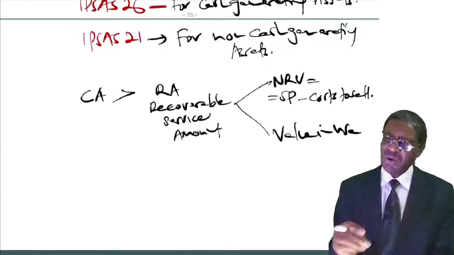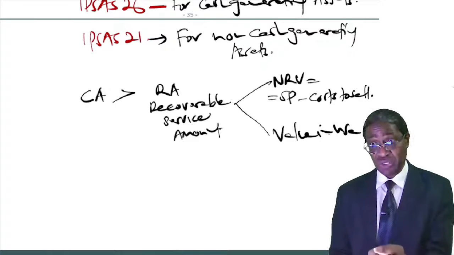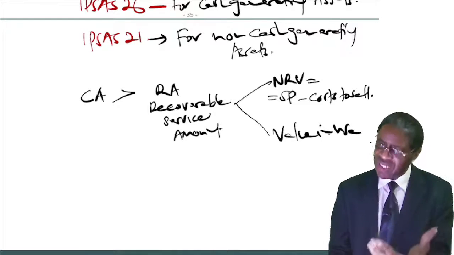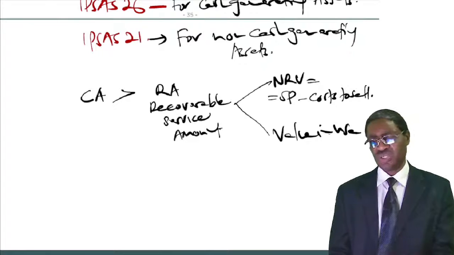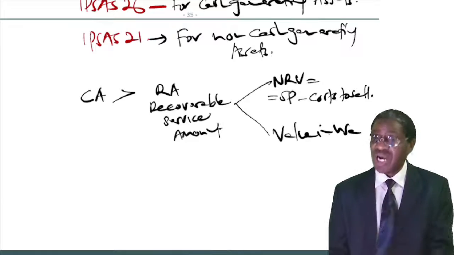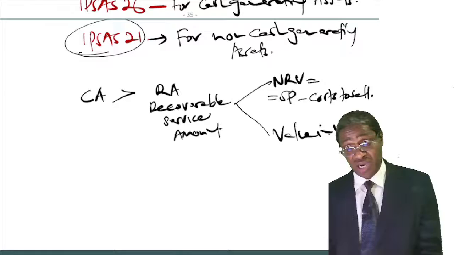But here we have an asset which cannot generate its own cash flows, and we are still saying compute the value in use. So how do we get the value in use? Under IPSAS 21, that's what I want to talk about now.